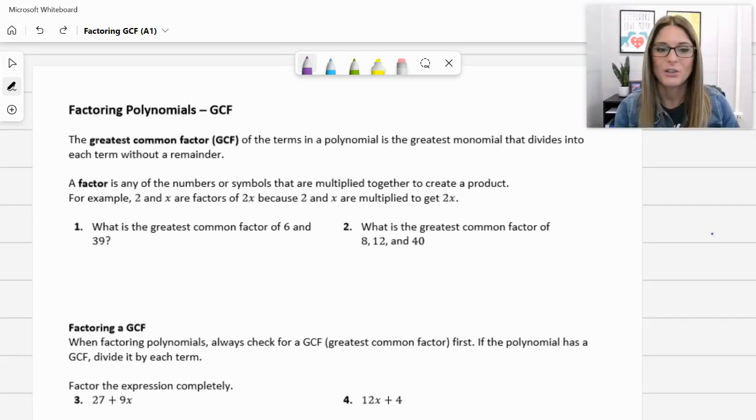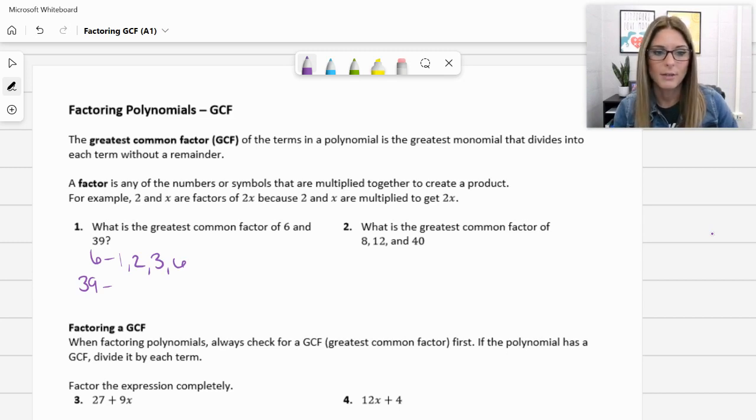Number 1, what is the greatest common factor of 6 and 39? I'm going to make a list here, 6 and 39, and list all the factors of each of those. The factors of 6, the things that can be multiplied together to make 6: 1 times 6, 2 times 3, and that will take us to 3 and 6. Are there any others? I don't think so.